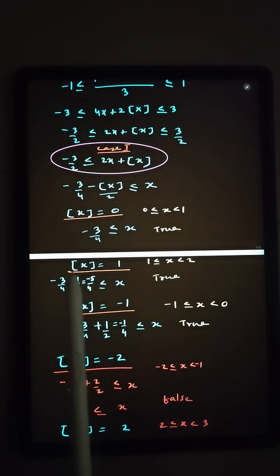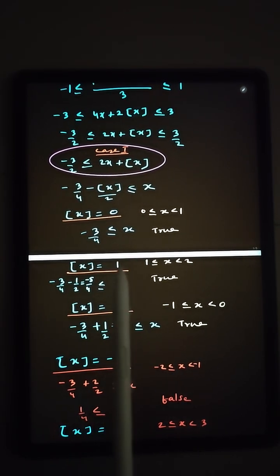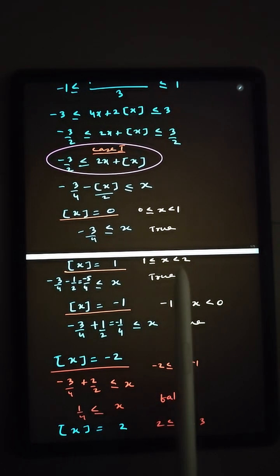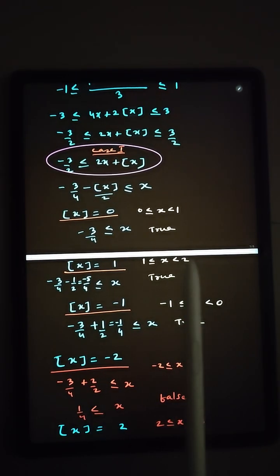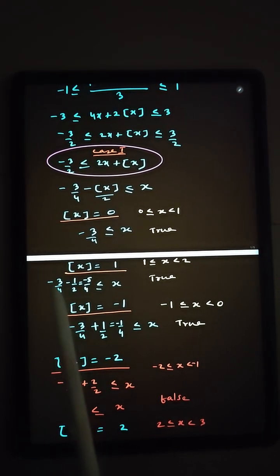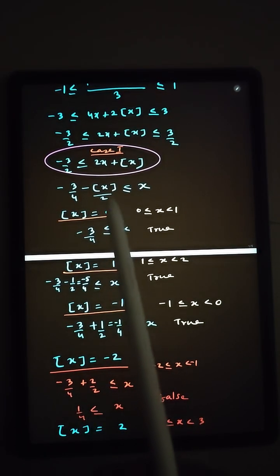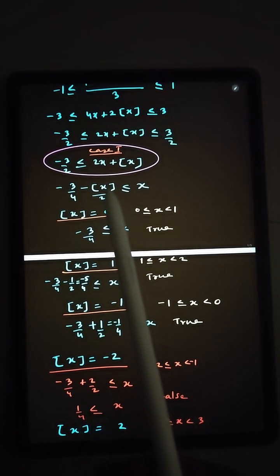Now let us discuss if the greatest integer is 1. In that case x lies in 1 ≤ x < 2. Then we get -3/4 - 1/2, because in place of the box we write 1.